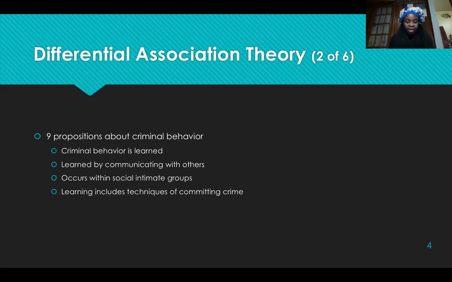The third is that the principal part of learning criminal behavior occurs within intimate personal groups. The fourth, when criminal behavior is learned, learning includes techniques of committing the crime, which are sometimes complicated and sometimes simple, and the specific direction of motives, drives, rationalizations, and attitudes.